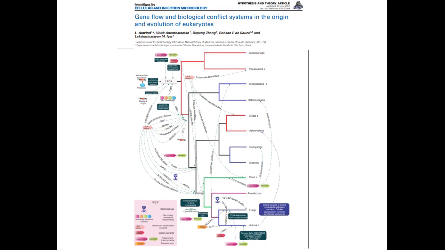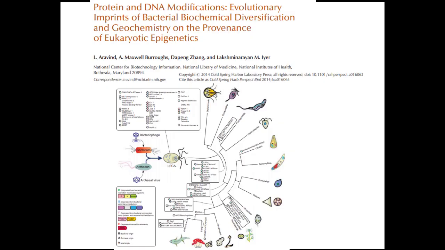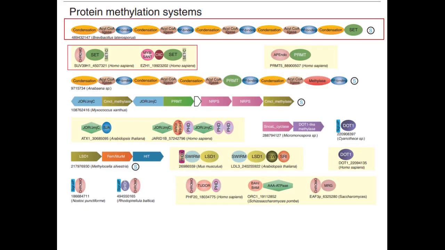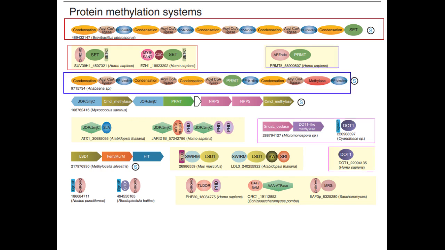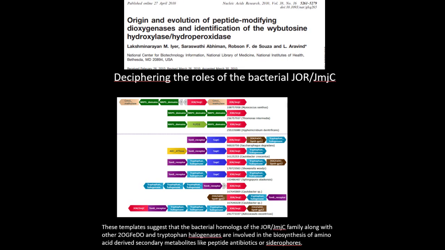Like we showed quite comprehensively that these were the founders of many eukaryotic protein modifying enzymes in chromatin, such as the SET domain, which is the histone methyltransferase, and some other histone methyltransferases like DOT1 and PRMTs, the arginine methyltransferases, that their ultimate roots lay in these secondary metabolism systems, which are also deployed in interbacterial conflicts through the production of toxic compounds like antibiotics.